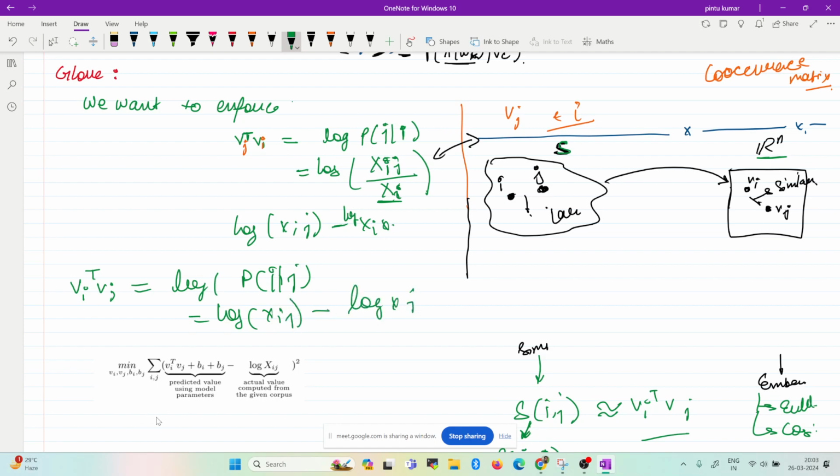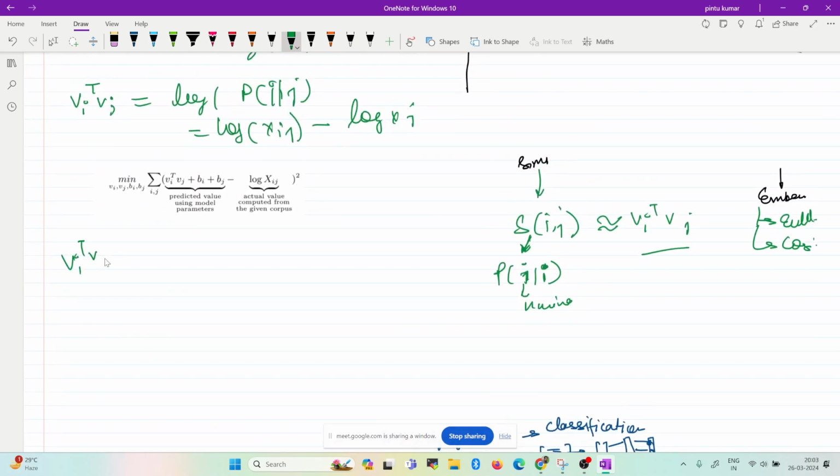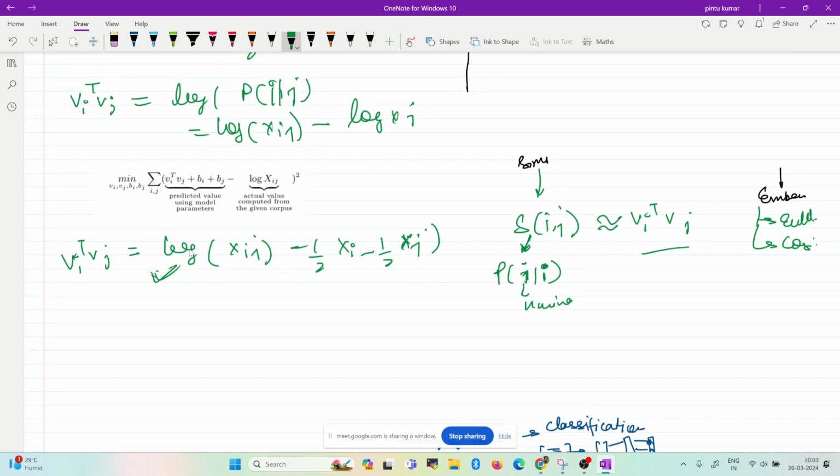If you add both of them, what you would obtain is that Vi transpose Vj is nothing but log of xij minus half log of xi minus half log of xj. This is what you should expect, if you have similarity exactly matching with each other. But in reality, this won't be exactly the same.